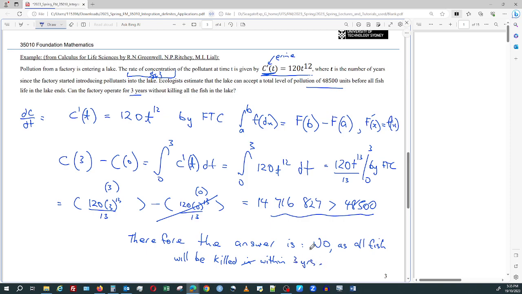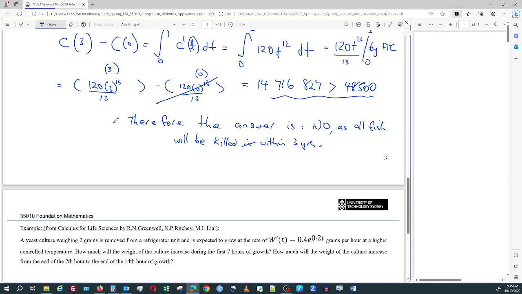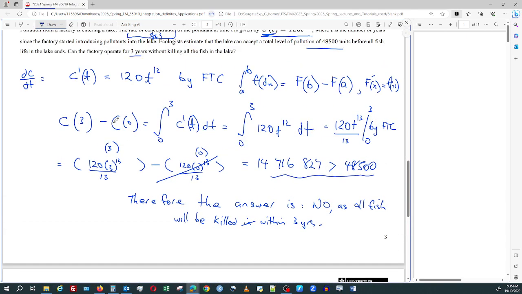How much within 3 years? So that's the next part of the question, I think. If we wanted to find out how long we could wait, then we would need to work out the integral from 0 to t, and the difference would be 48.5.